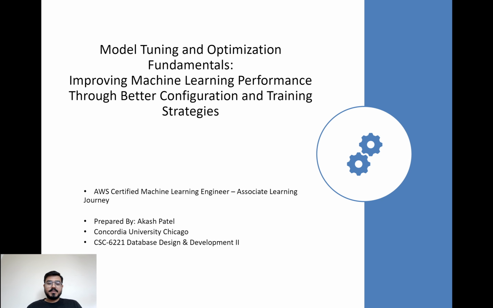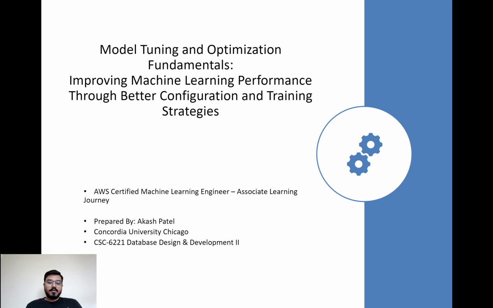In our previous presentation, we learned how machine learning models are trained and how organizations evaluate their performance. However, an important question still remains. What happens if a model has been trained and evaluated, but the results are not as good as expected?